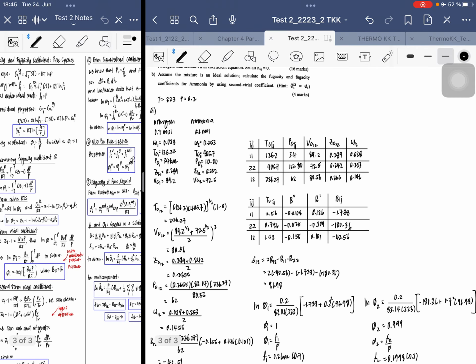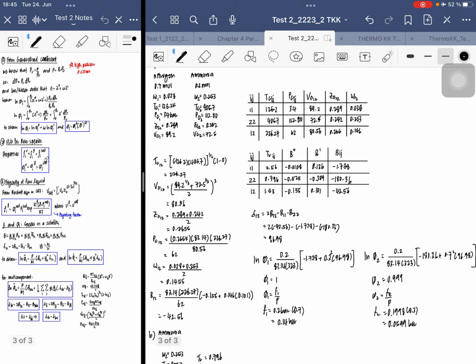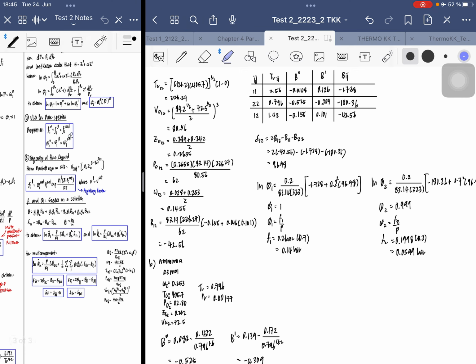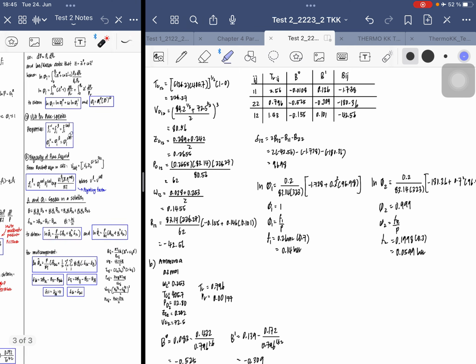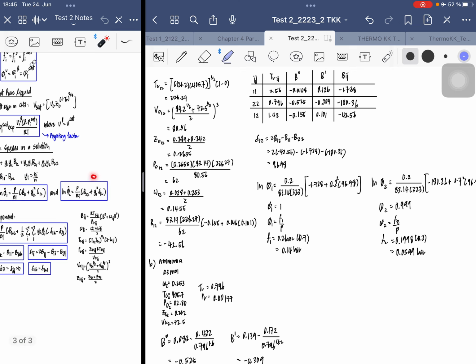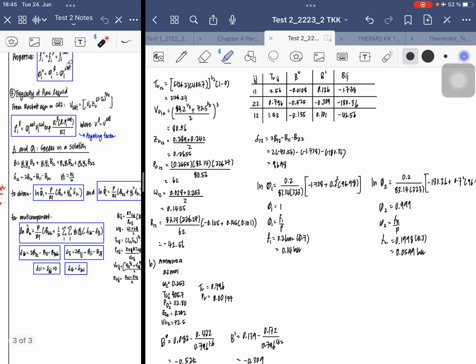Okay, so here comes the confusing part, because there are so many letters and numbers. The final equation that you really want is this one. Can you guys see this? The final equation is this one and this one, because at the end of the day, we really want this fugacity coefficient.